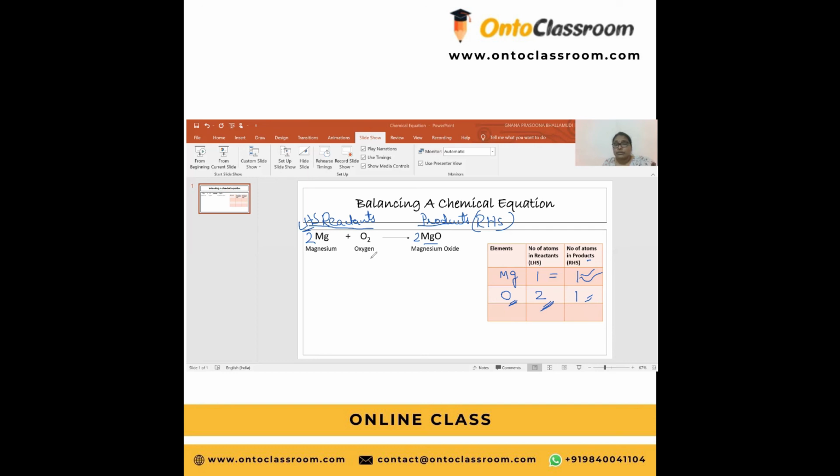Now the equation is satisfied: two magnesium, two magnesium, two oxygen, two oxygen. Writing two here represents both magnesium and oxygen. So this is how we balance our chemical equation.